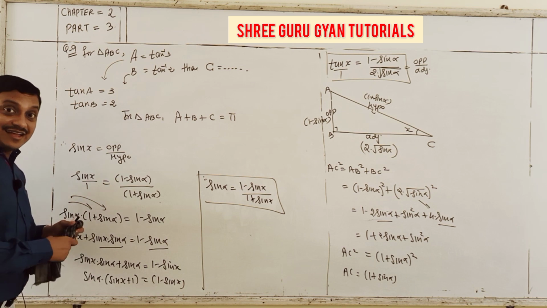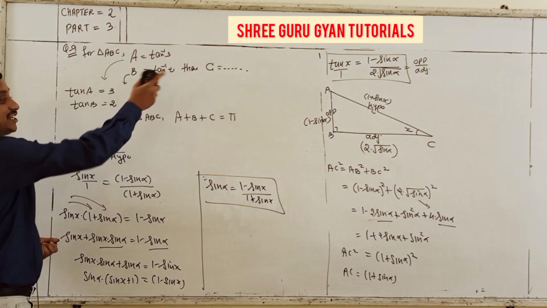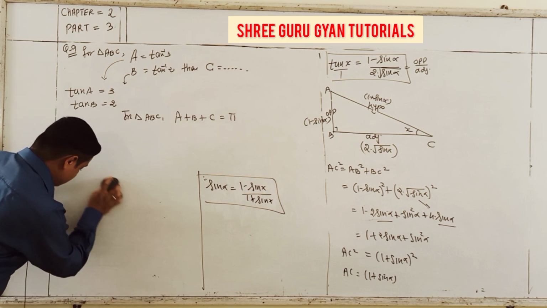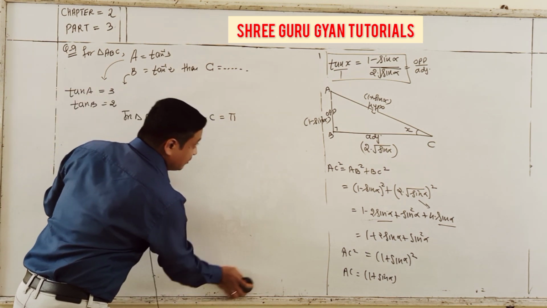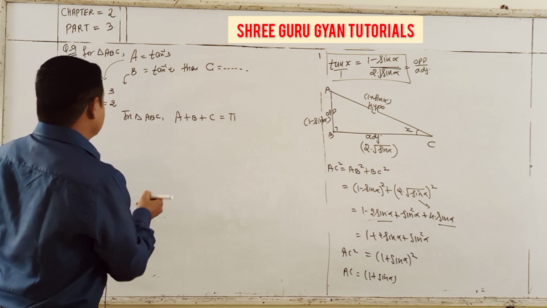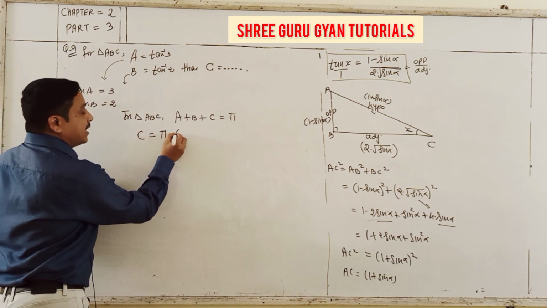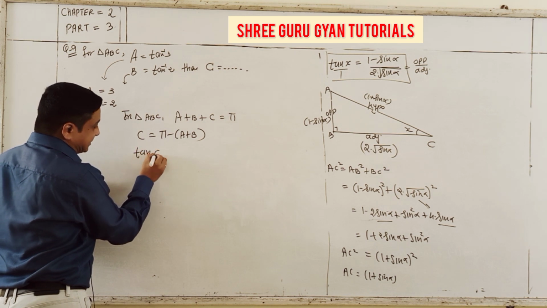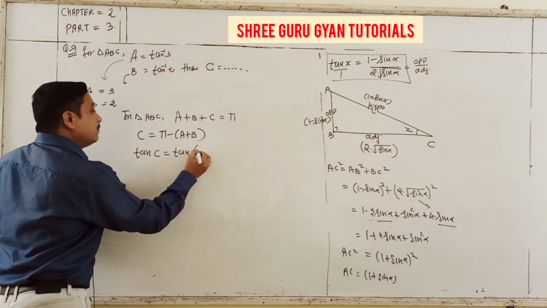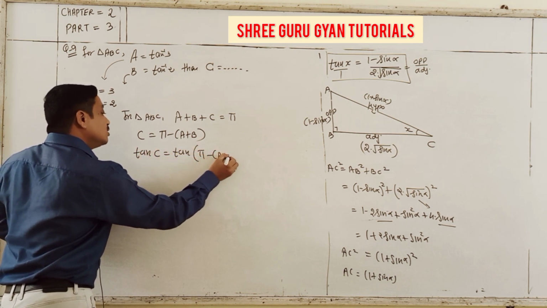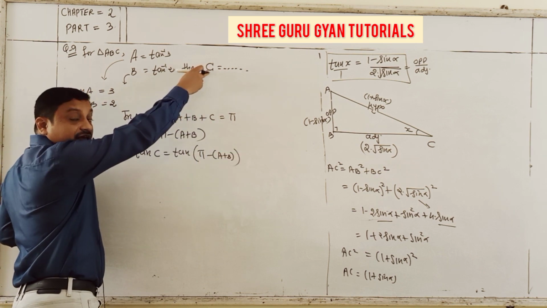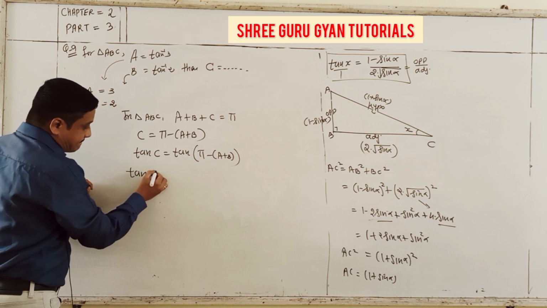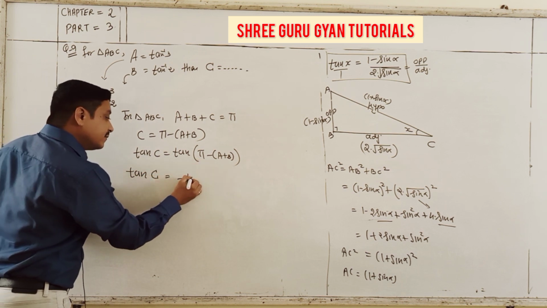And that way I just apply my tan function on both sides after moving C to one side. So C becomes pi minus A plus B. So tan C, here tan of pi minus A plus B, because I want the C angle but in terms of tan. So tan C as it is. Here second quadrant, tan negative.